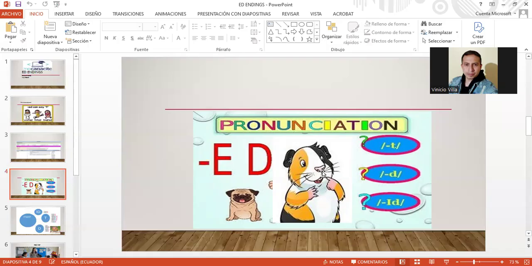Many people have a guinea pig as a pet, or many people like to take care of them when they grow. When they are adults, people usually eat them. It's delicious. I have tried. It's so delicious. Well, the guinea pig is going to be with us in a moment.